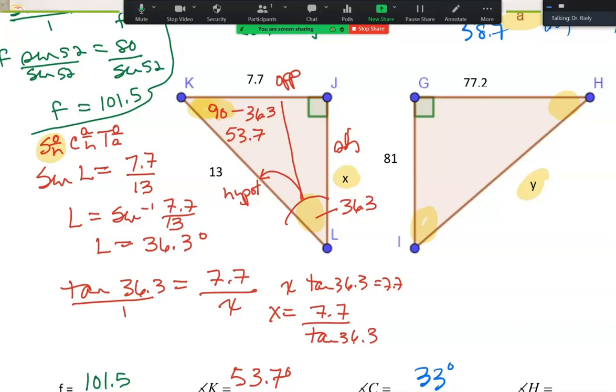So why don't we do this? Let's go with angle I. If I go with angle I, let's see what color I'm going to do. I think I'll do the light blue. Okay, we'll go with angle I. And I'm going to say, okay, this is opposite and this is adjacent. We have them both.